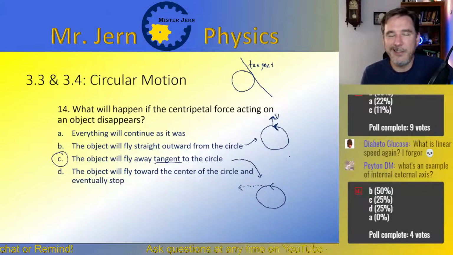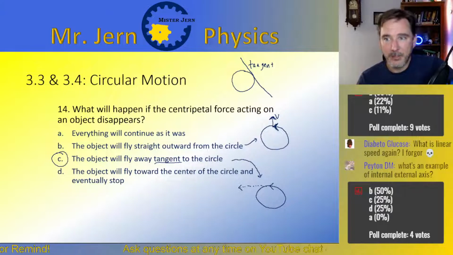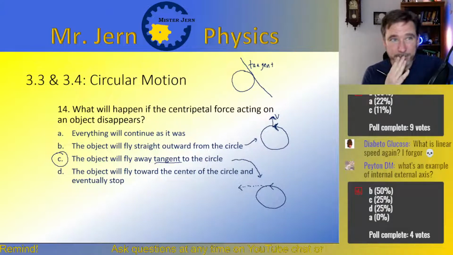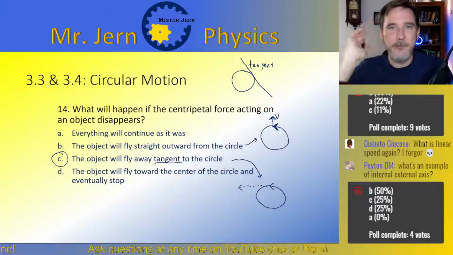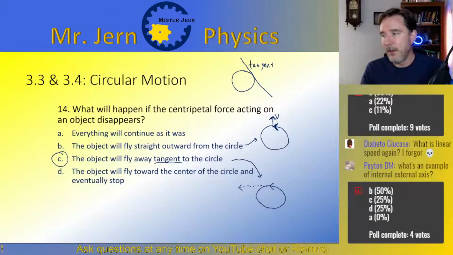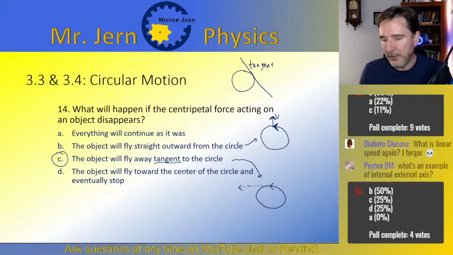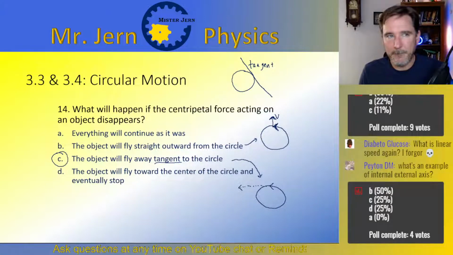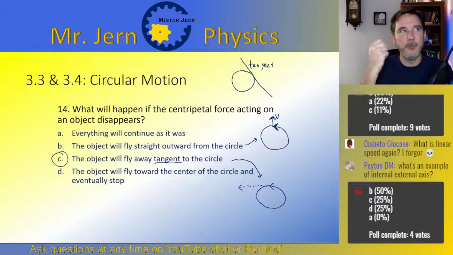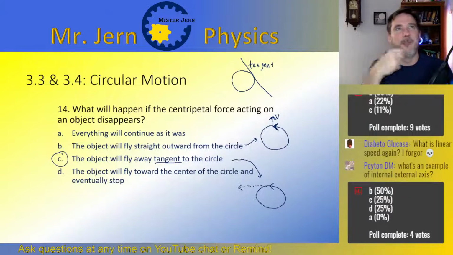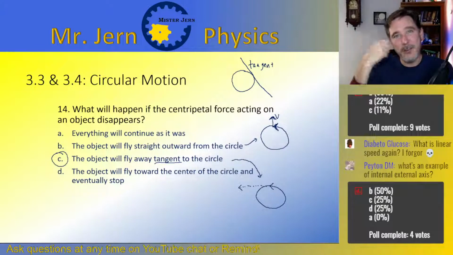So if you think about it, flying straight outward from the circle, like I said in class, is kind of what it seems like is happening. If you're flinging something around and you let go, it feels like it's going to go straight out. But like I mentioned, at least one student talked to me about roping, twirling a lasso around your head.